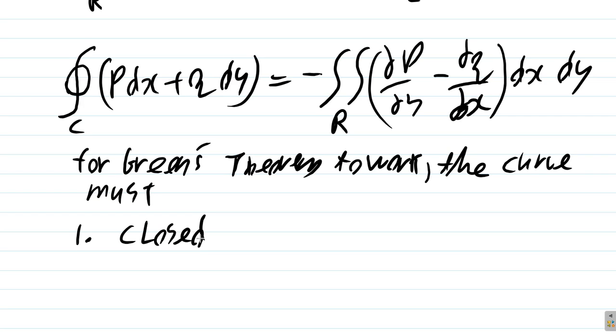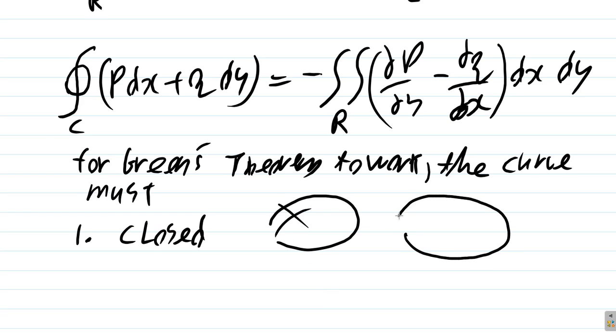The starting and finishing point must be the same. You cannot have a curve like this and apply Green's theorem. It must be completely closed. So you must join both ends so that it is closed.